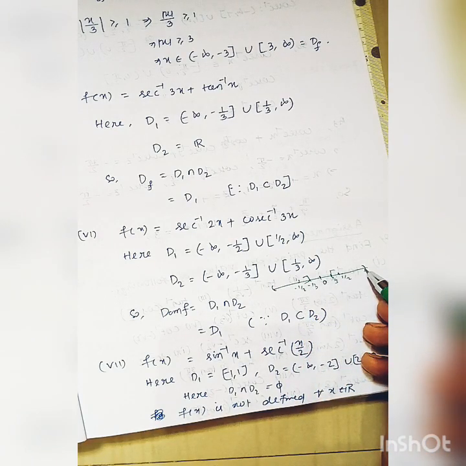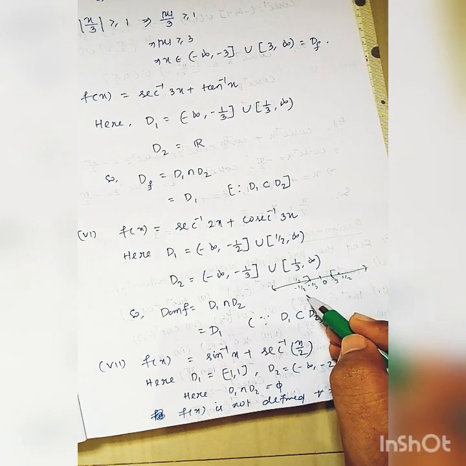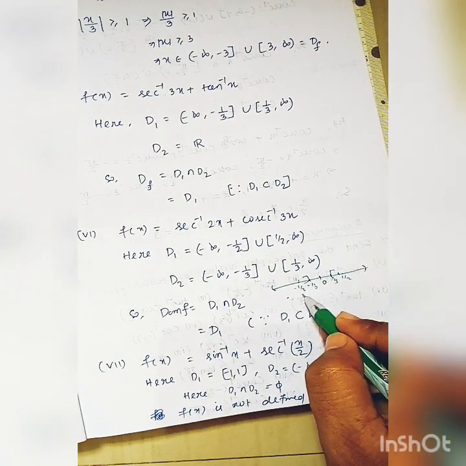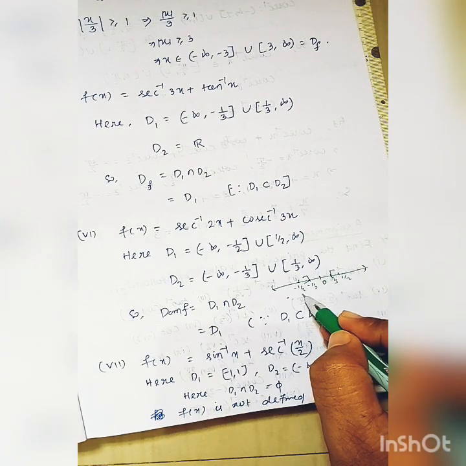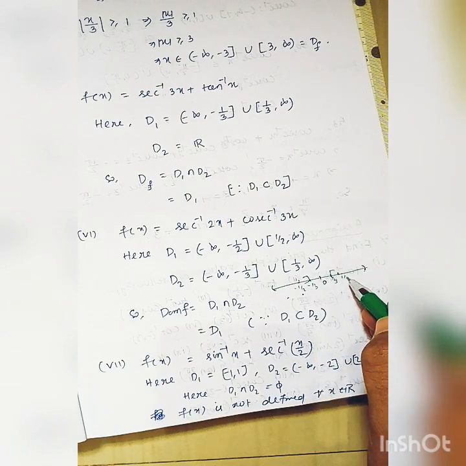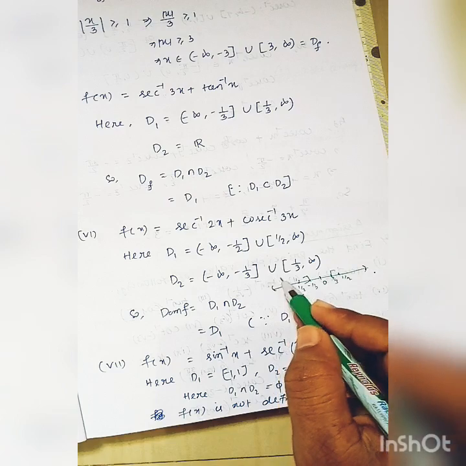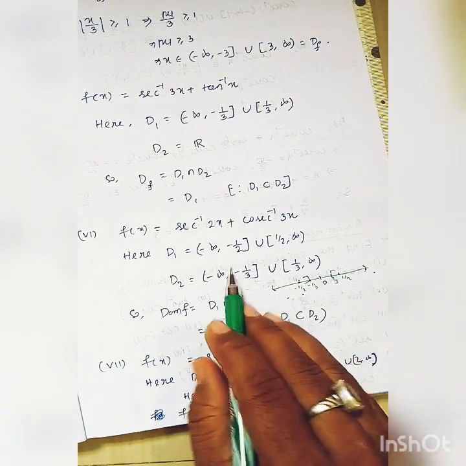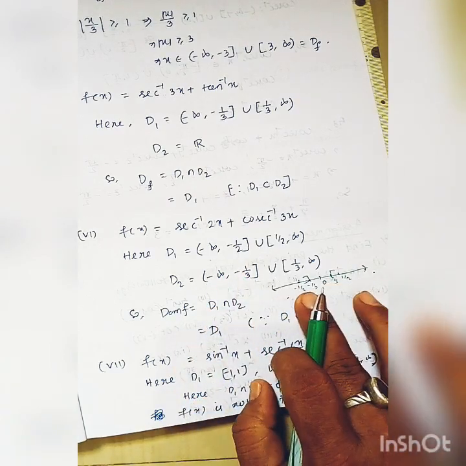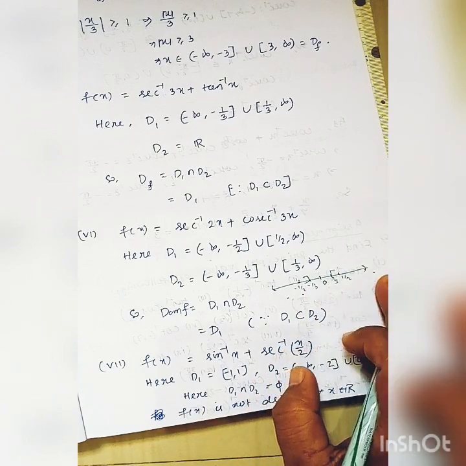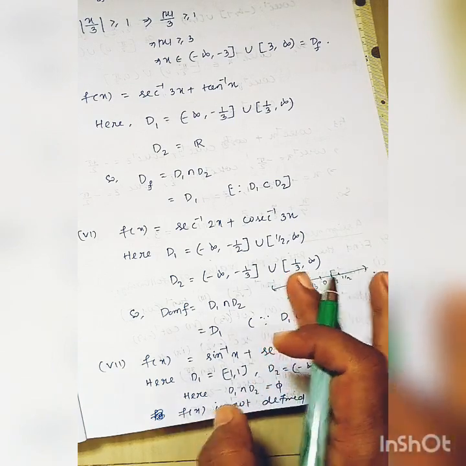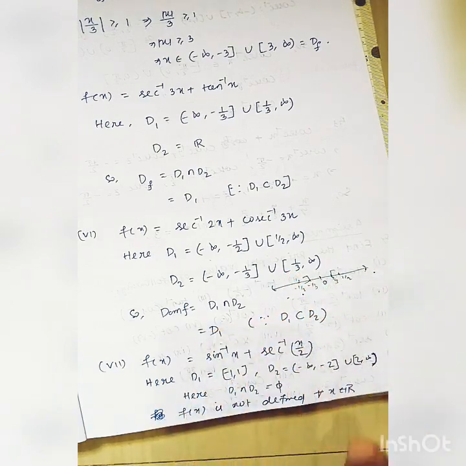So obviously their intersection is minus infinity to minus 1 by 2, union 1 by 2 to infinity. So D1 is minus infinity to minus 1 by 2 and 1 by 2 to infinity. So obviously D1 is a subset of D2, so its domain is D1.